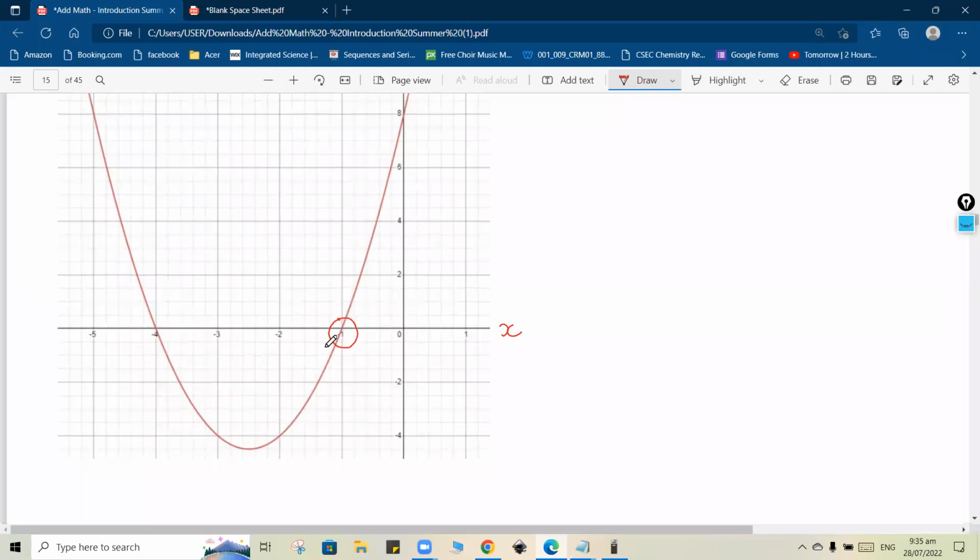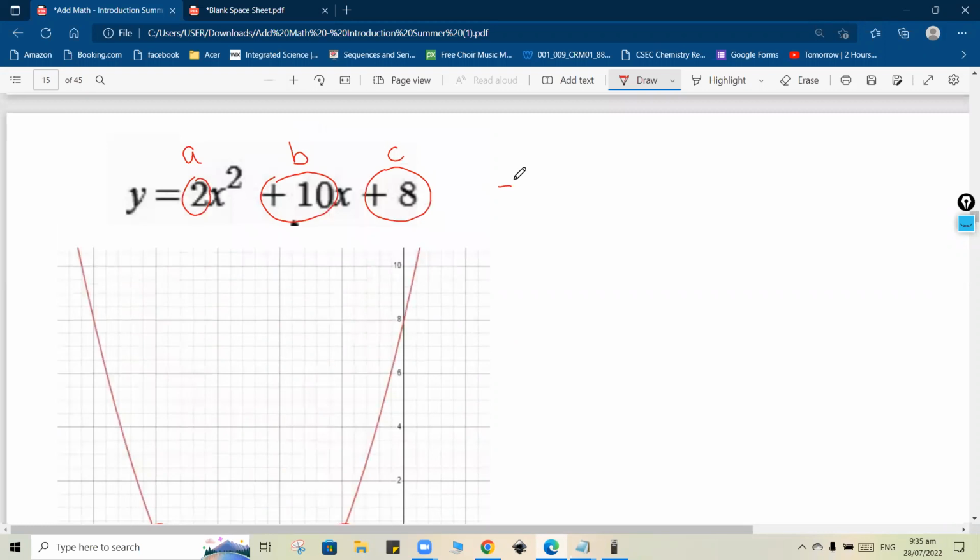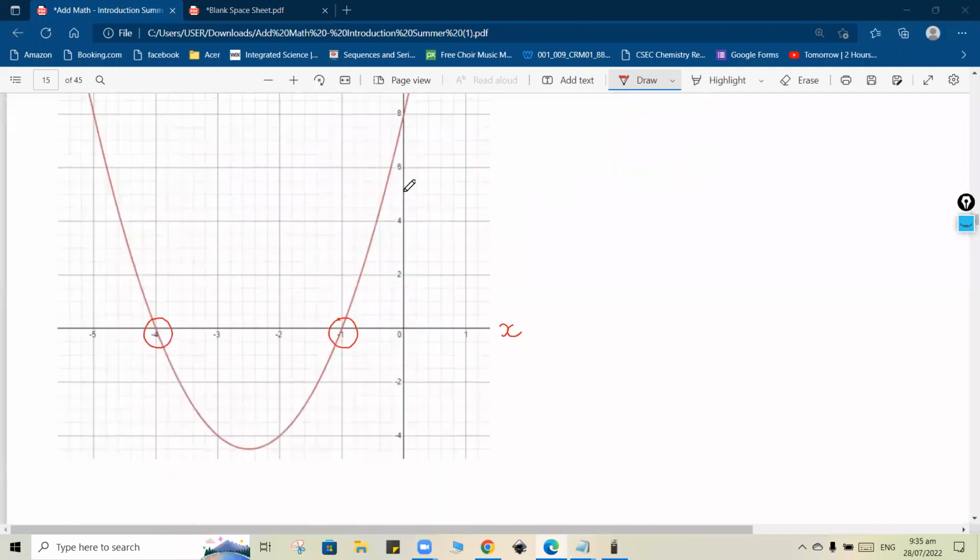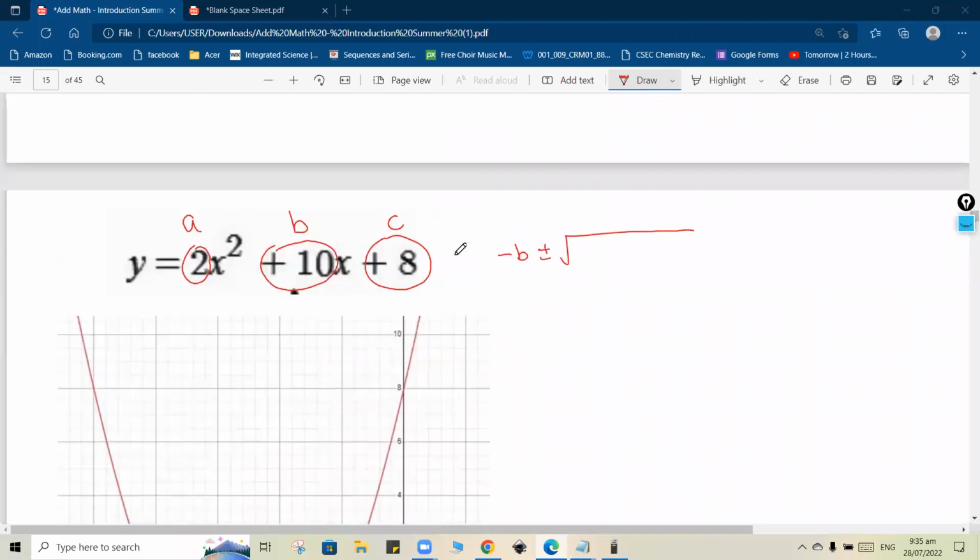I know the writing is kind of bad there. And the other x value is -4. But I want you all to verify it by calculations. Use the quadratic formula, the minus b plus or minus formula, and prove to yourself that, hey, it really, really does cut at -1 and -4.